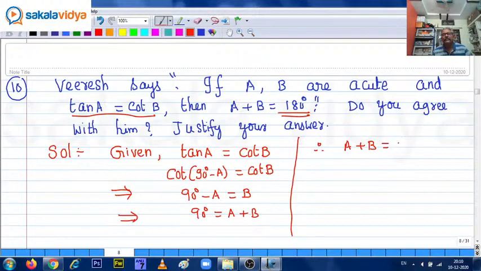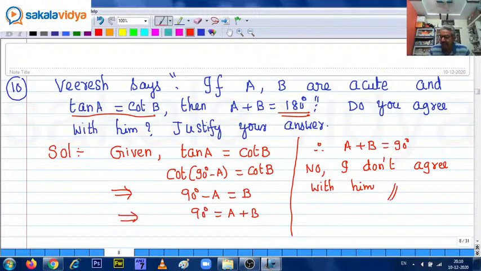But according to his version, it is 180 degrees, so it is wrong. I do not agree with him, so we need to deny his statement. Yes, Lakshmi, you do not agree with him. Absolutely correct.